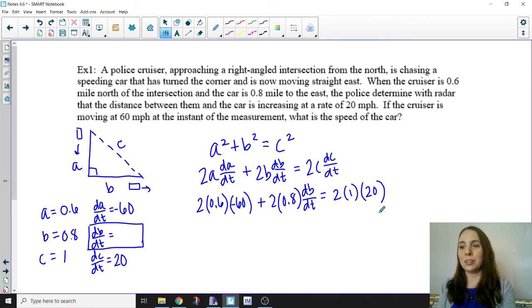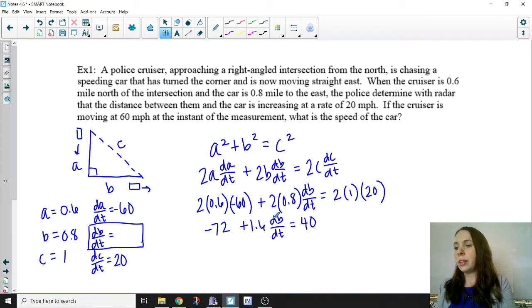Okay, so good news, you don't have to erase everything. What was this? This was 72, so now it's negative 72. Yeah, this was 40. That is a 6 right there. It looks weird. There we go. We're going to now add 72 and divide by the 1.6.